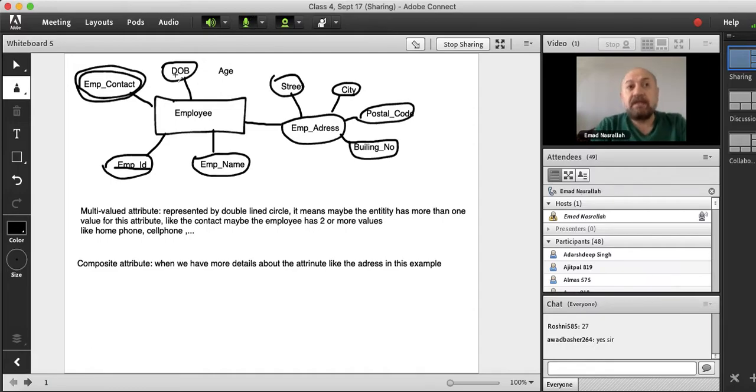This kind of attribute, whose value is calculated by the system, we call it derived attribute.